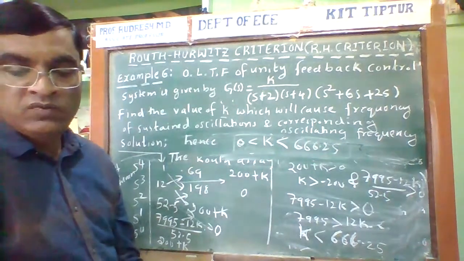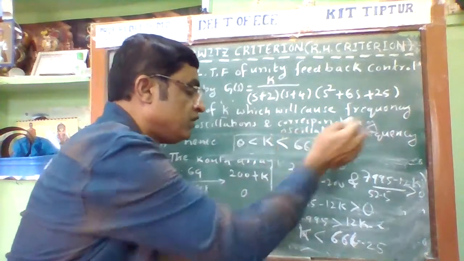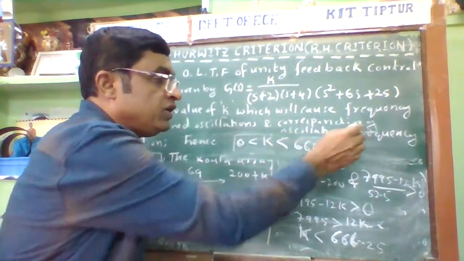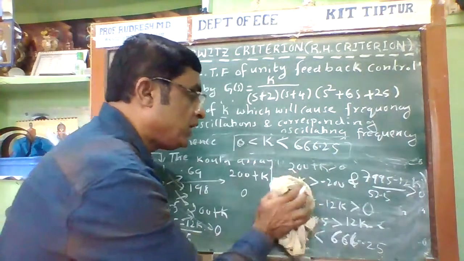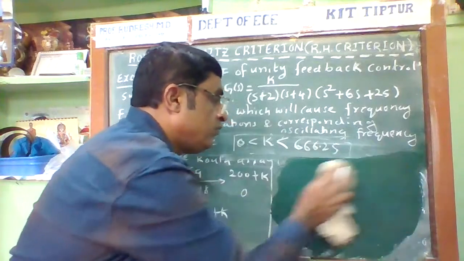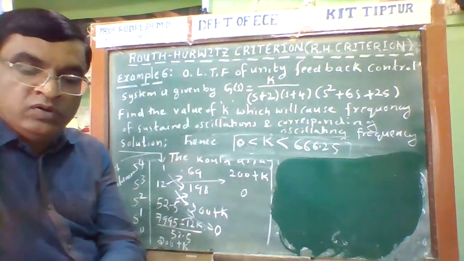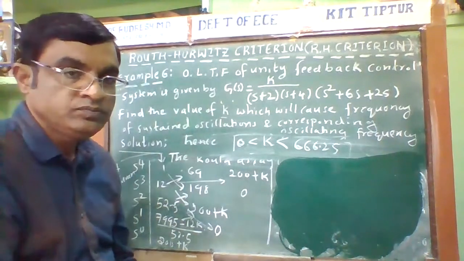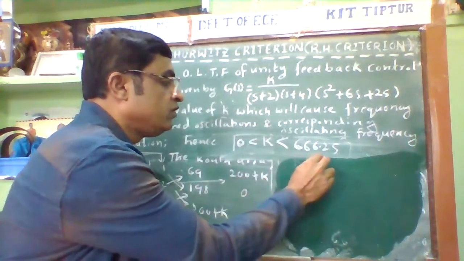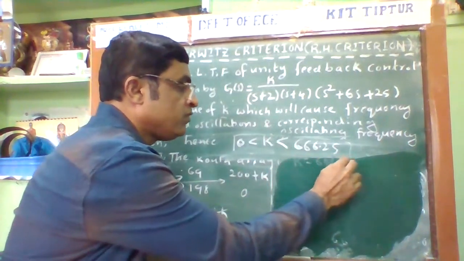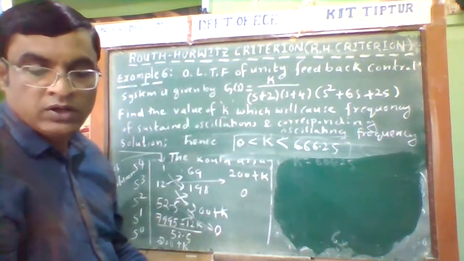Now, we need to find the oscillating frequency corresponding to these values of K. We calculate it by generating the auxiliary equation. When K is equal to 666.25, we need to find the oscillating frequency omega.